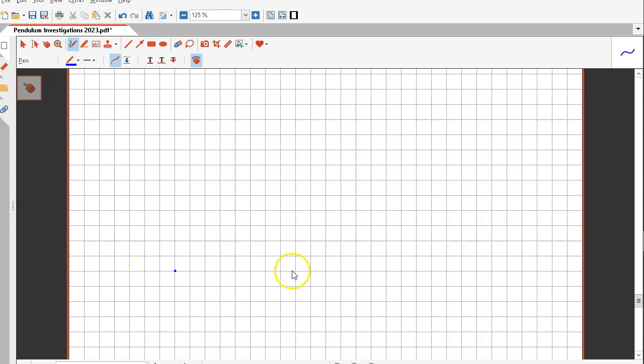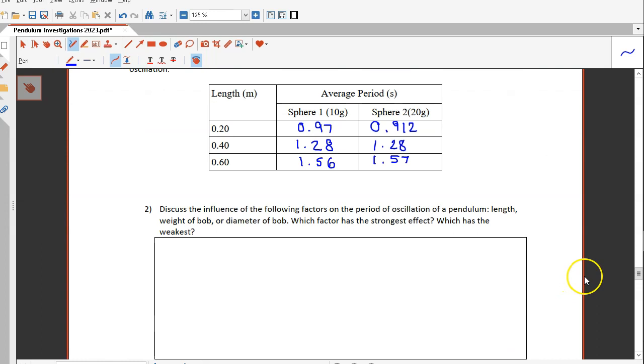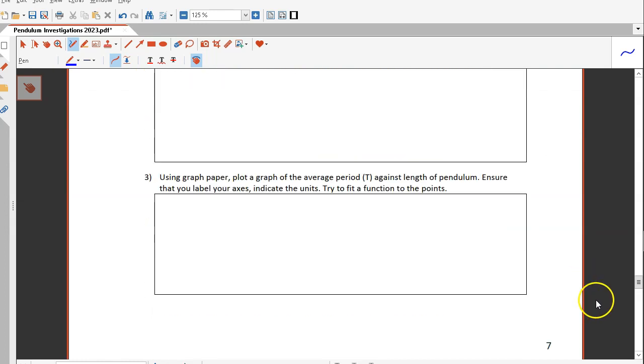Okay, and then I want my graph to use the paper that I have in front of me, so I want to make use of this entire space. Let me count how many boxes I have. I'm counting in 2s: 1, 2, 3, 4, 5, 6, 7, 8, 9, 10, 11, 12. There's 12 there, and I need to span from 0.2 to 0.6.